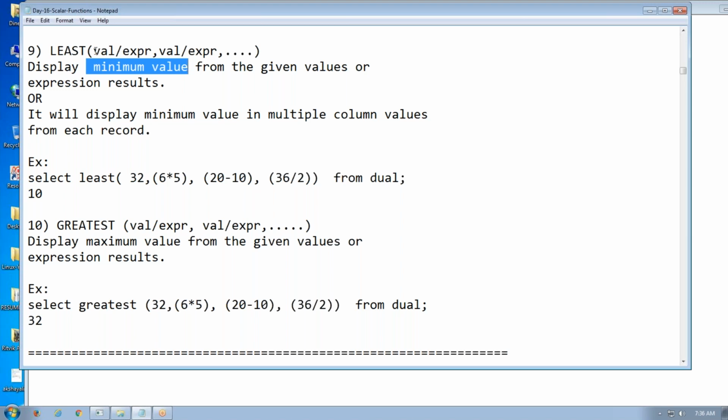We can compare different column values also. From those columns it will print the least value.